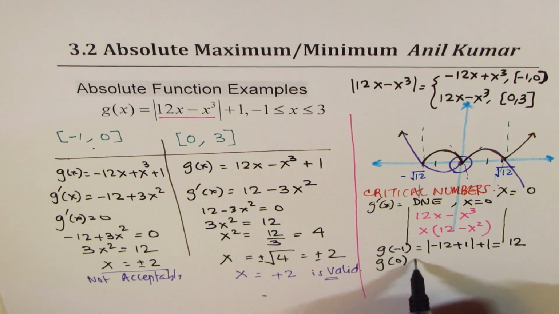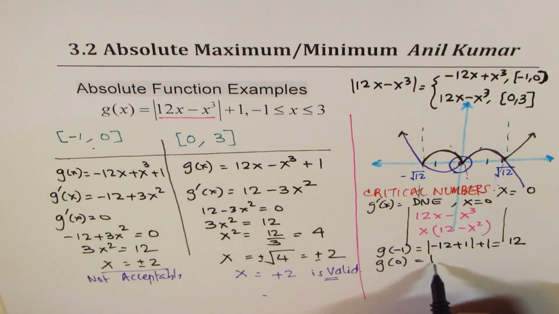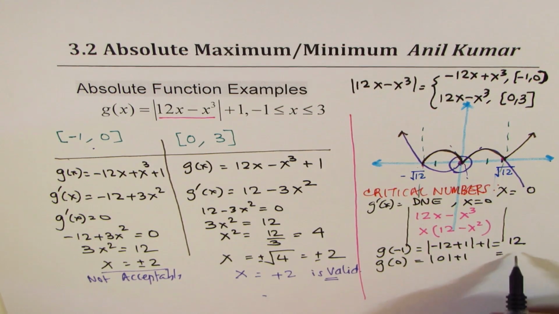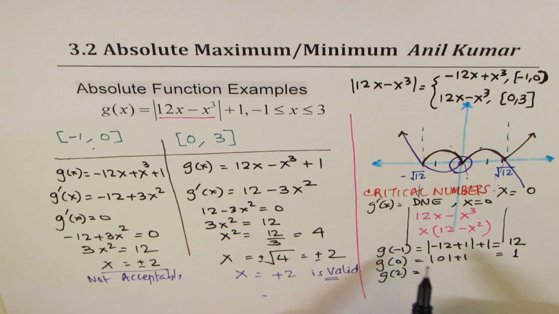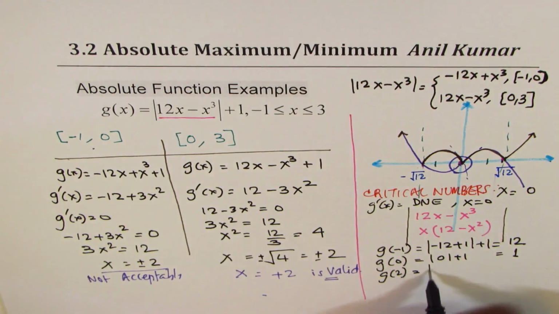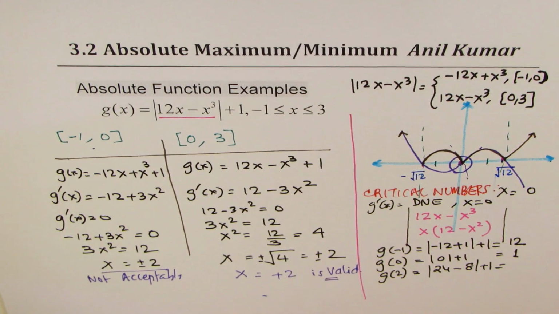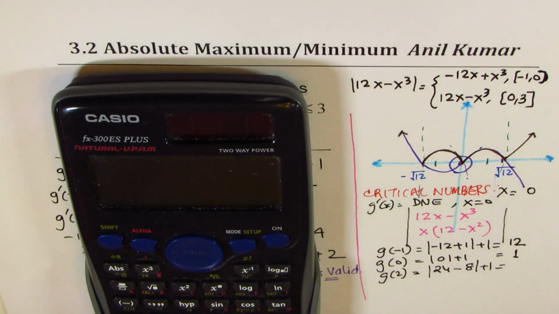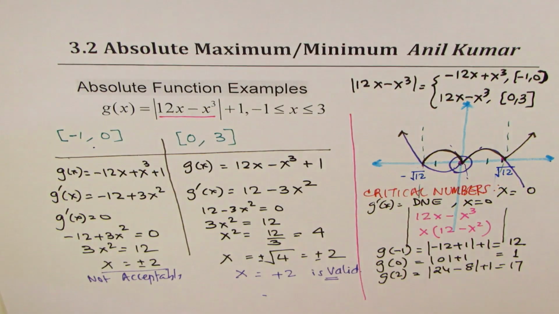Now g of 0 is 0 plus 1, which is 1, correct? And what is the value at 2? At 2, I get the absolute value of 24 minus 2 cubed, which is 8, plus 1. So 24 minus 8 is 16, plus 1, right? 17. Okay, anyway. So we get these three values.